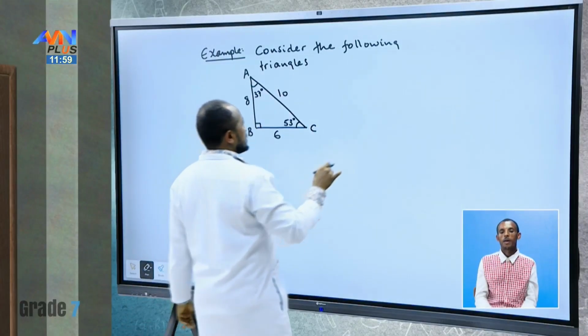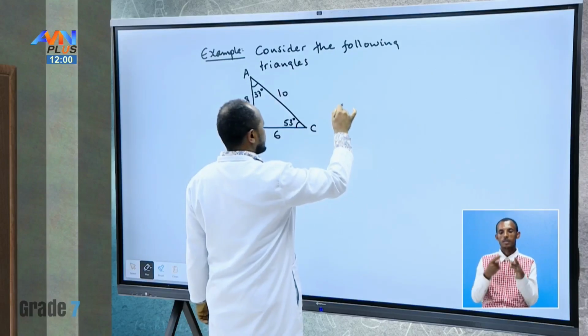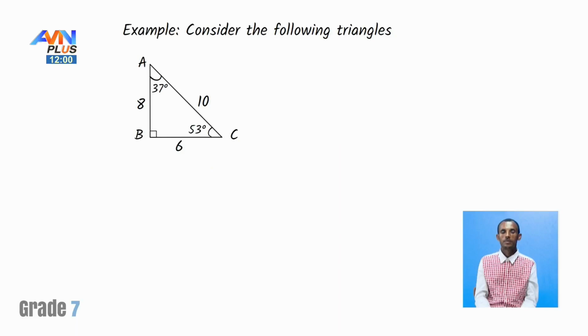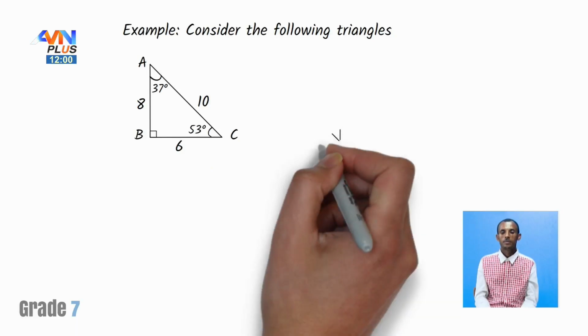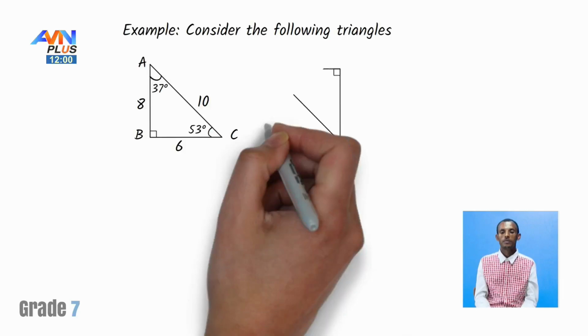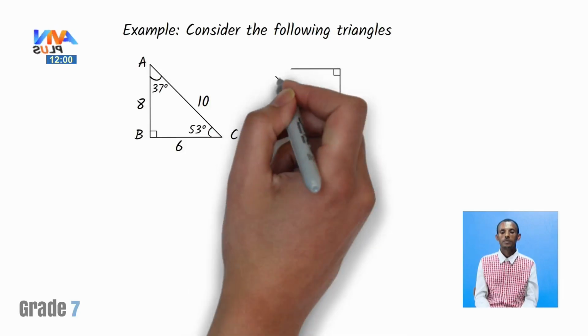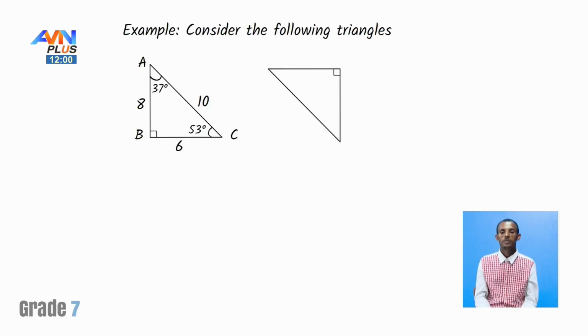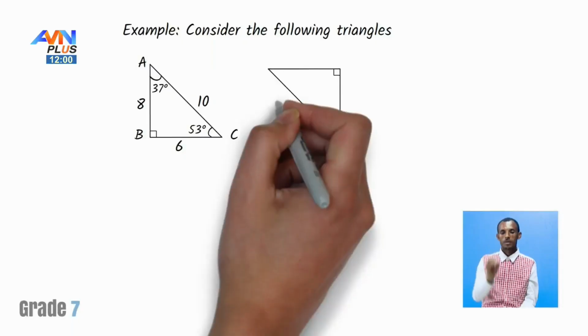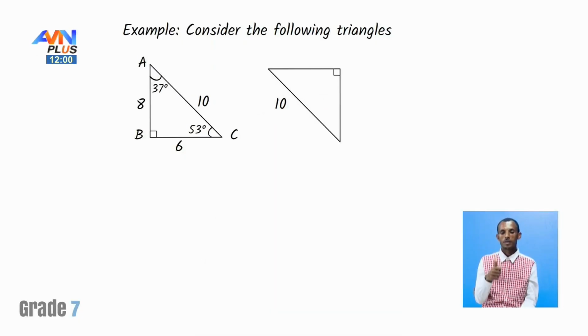Again, let's take this other triangle. This angle is 90 degrees. This side is 10 units, this one is 8 units, and this one is 6.